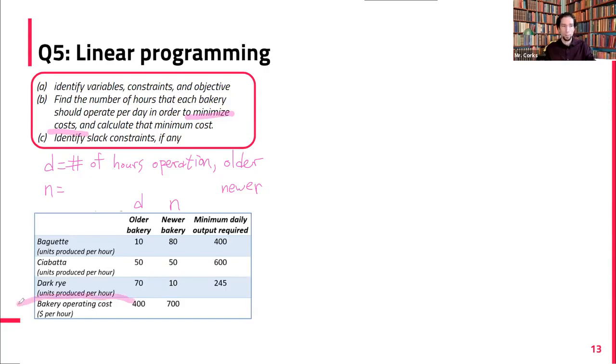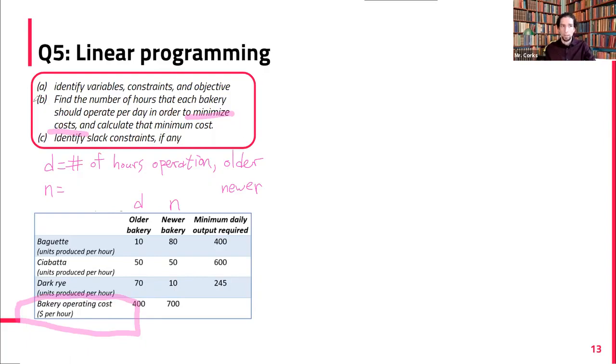We can look at our table here and say, well, the costs are coming from, it's not like the ingredients for the bread or whatever. We're not thinking about that. The main costs we care about are operating the bakery. So each hour it's open and baking stuff, then money has to go into it to pay the people and whatever. So number of hours it's operating determines the cost.